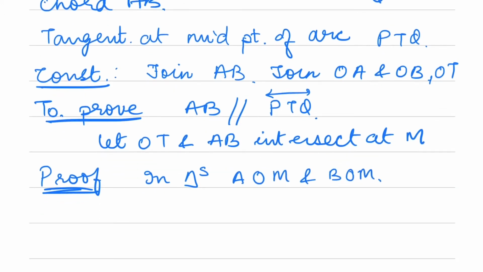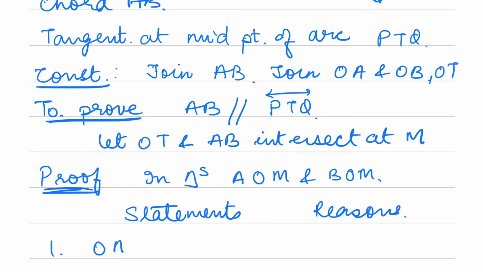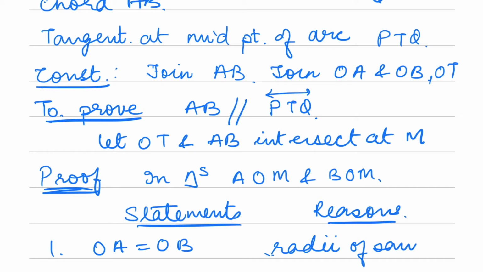So let's write down our statements and reasons. So we have first is OA is equal to OB. We know these both are radii of same circle.